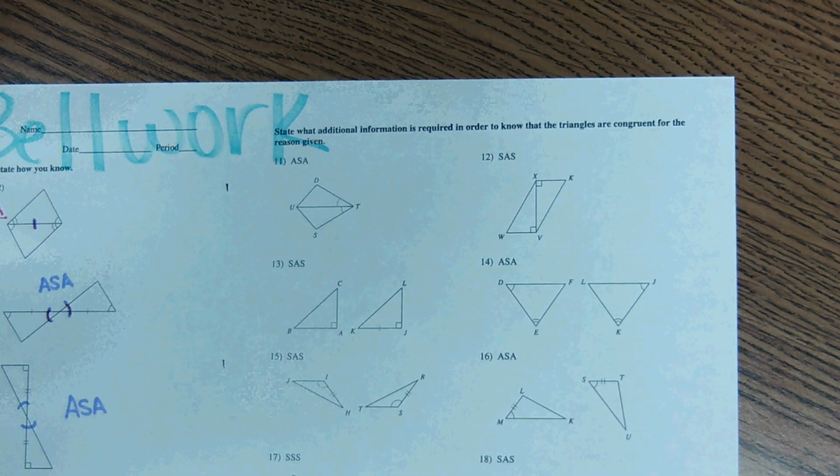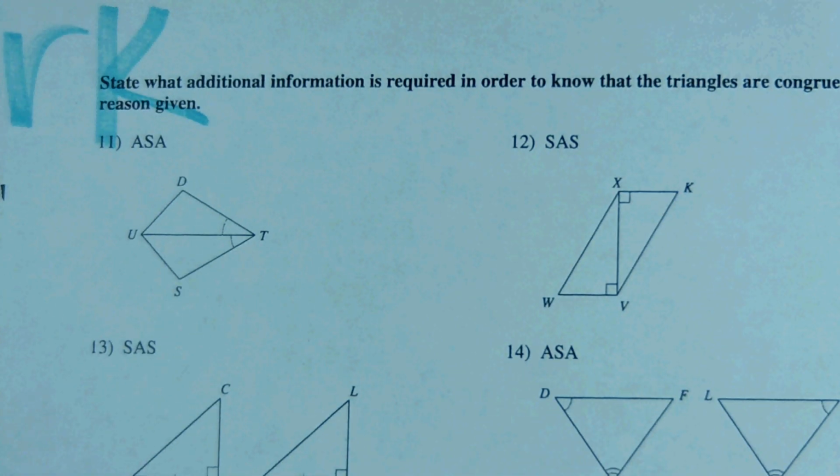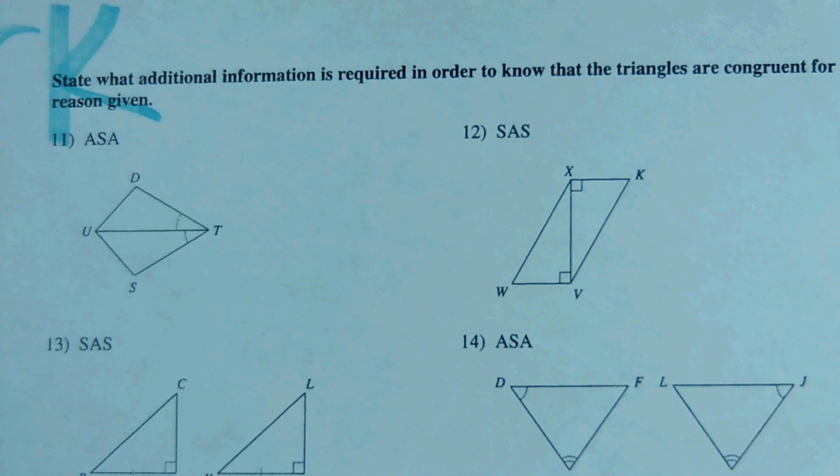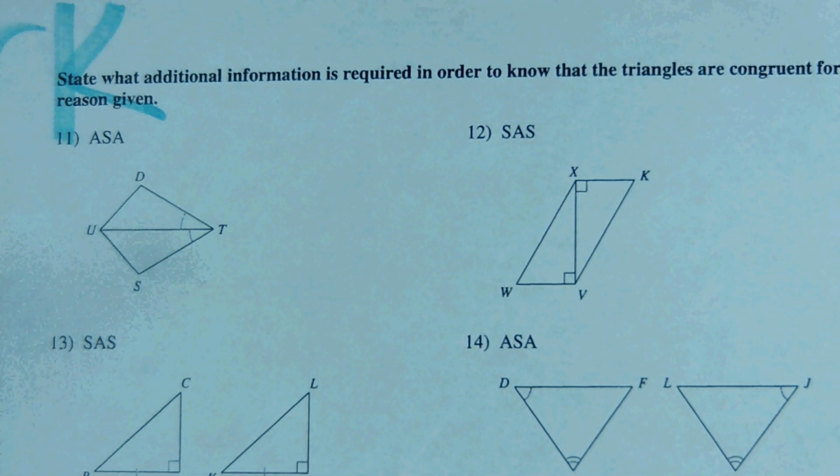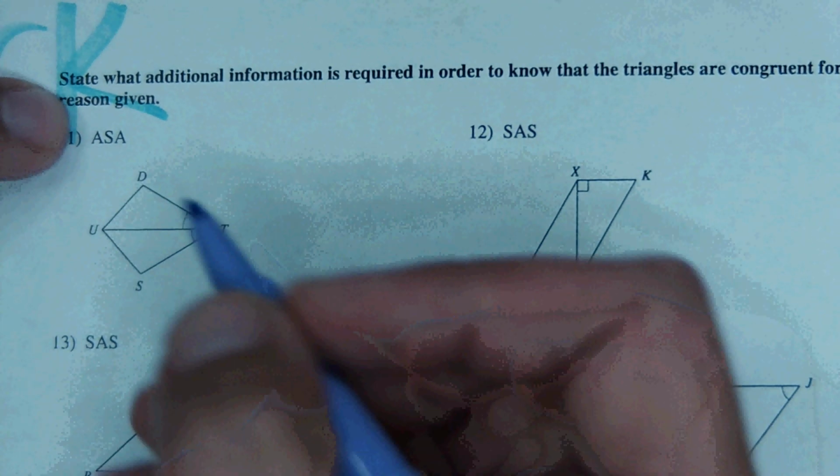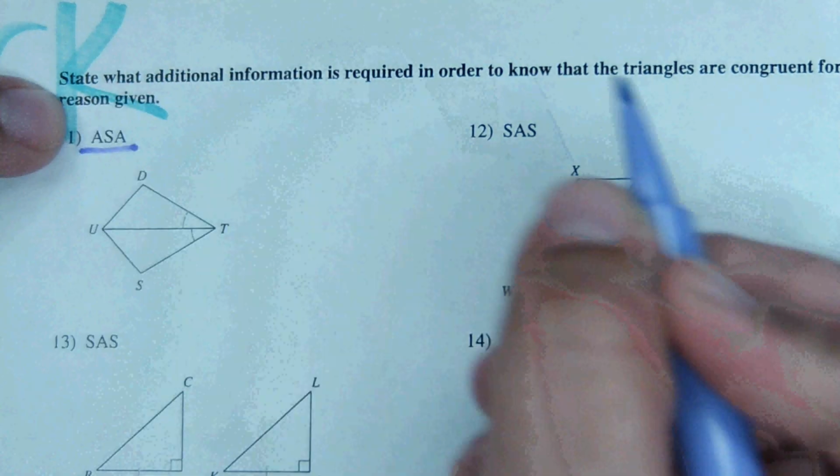Okay, then over on this page, it's the same style of problem in a little bit of a different format. It's testing on the same ideas. We didn't see a lot in this format on Friday, so we'll just go over it now. It says, state what additional information is required in order to know that the triangles are congruent for the reason given. So here it says angle, side, angle.